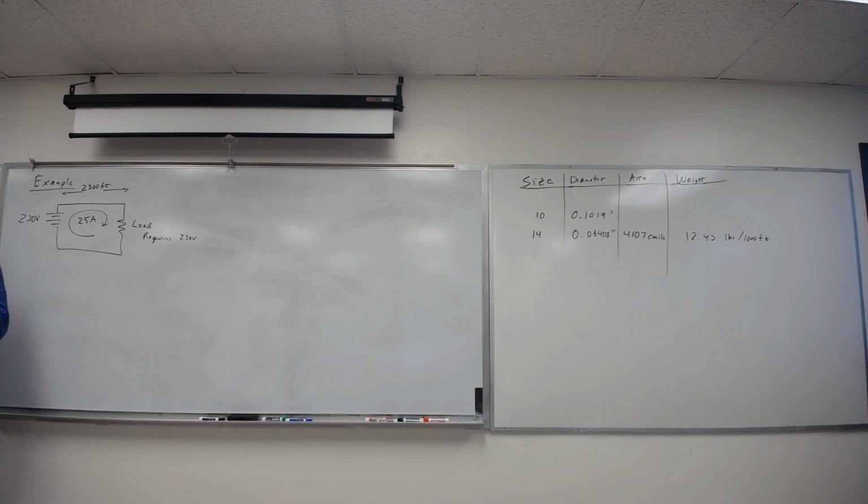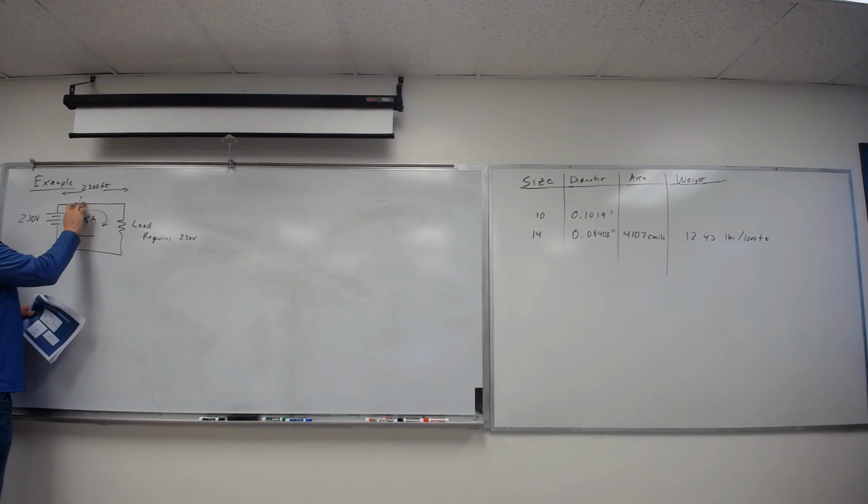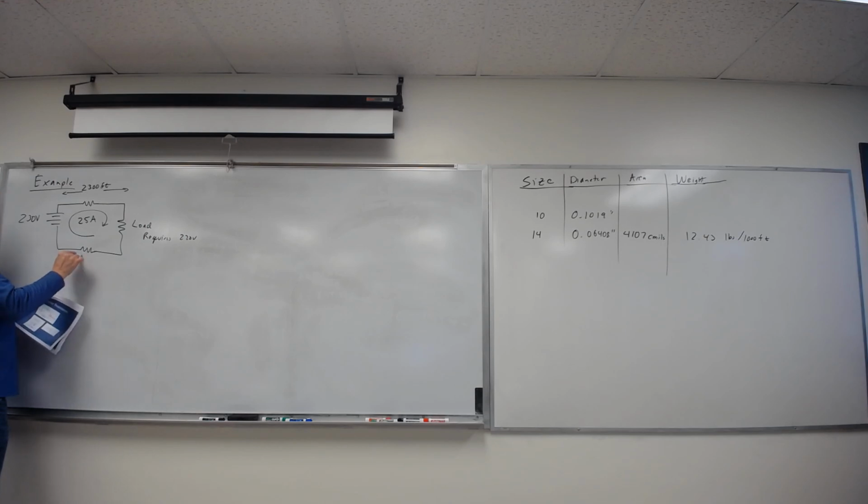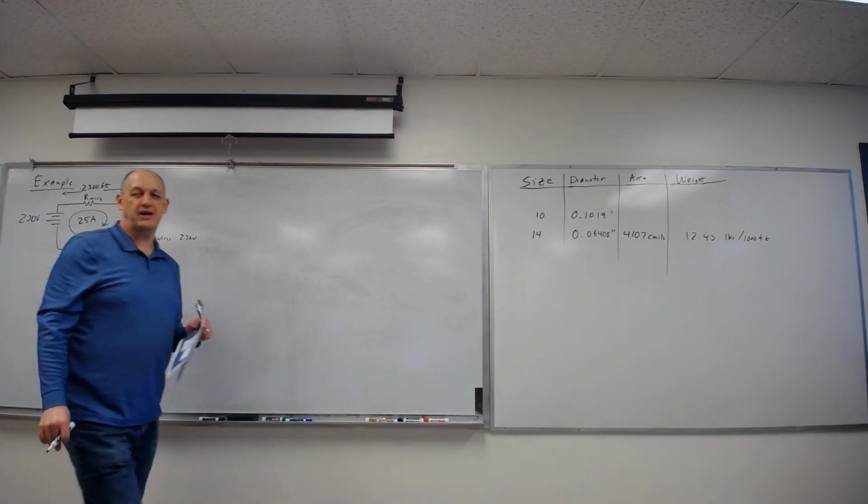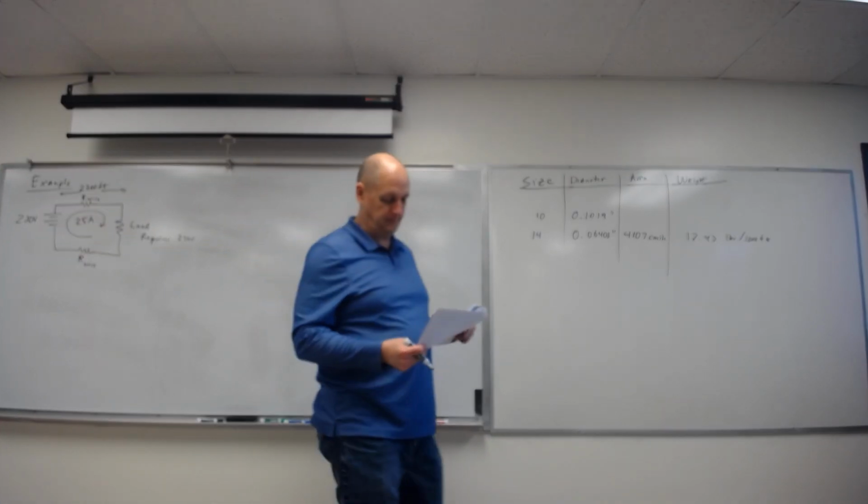Okay, this is like a big motor or something. So I'm going to put a little resistor in here, and acknowledge that I don't have a spot where I can just assume my resistance is zero.